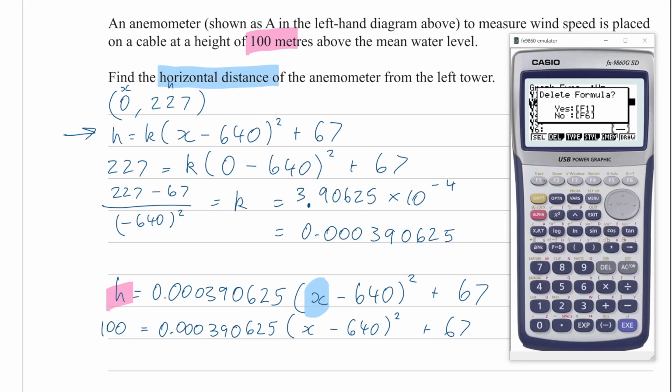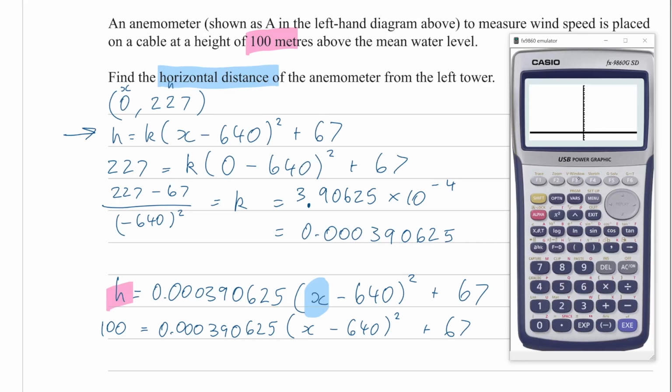So we put in a function which is 0.000390625 bracket x minus 640 bracket squared plus 67. So that's our model, and we'll put in the function y equals 100. That's a horizontal line at y equals 100. And for them to equal each other, let's hit draw.